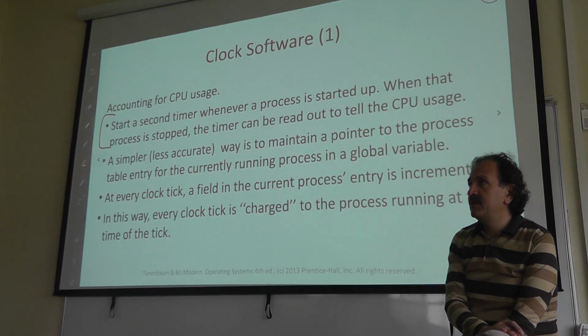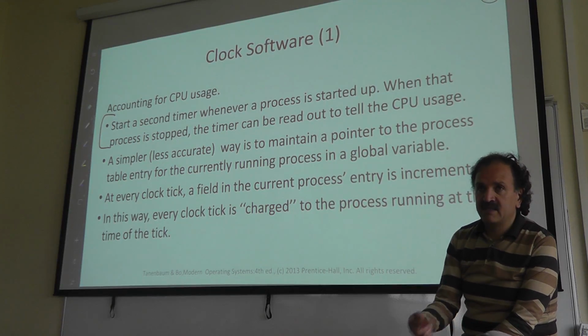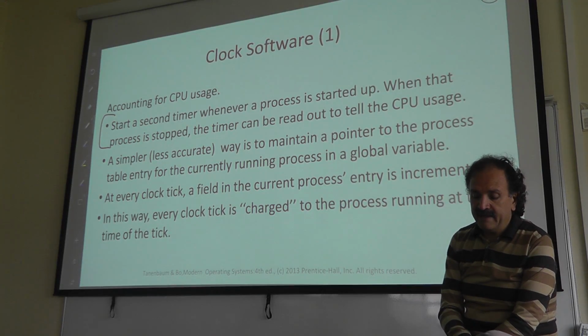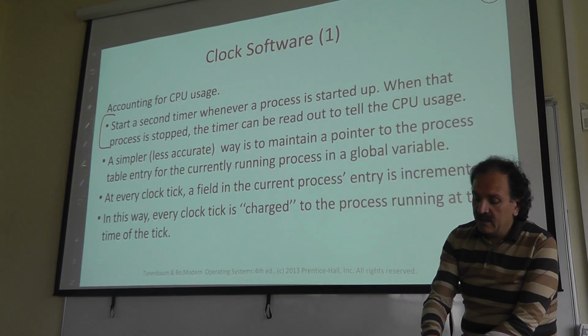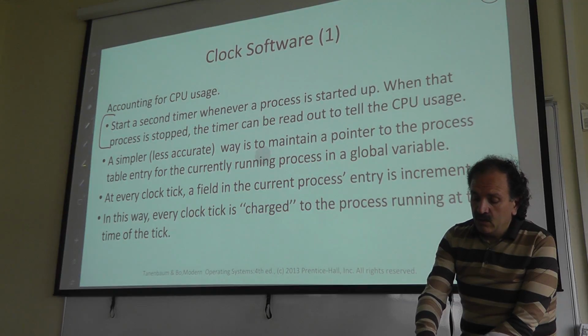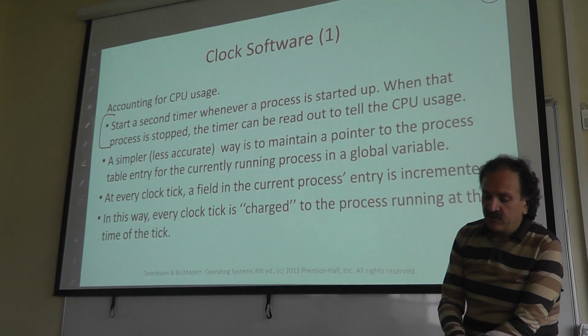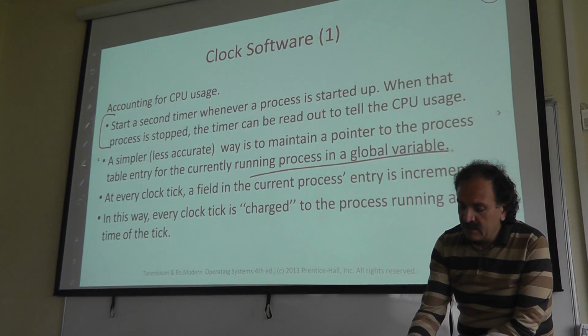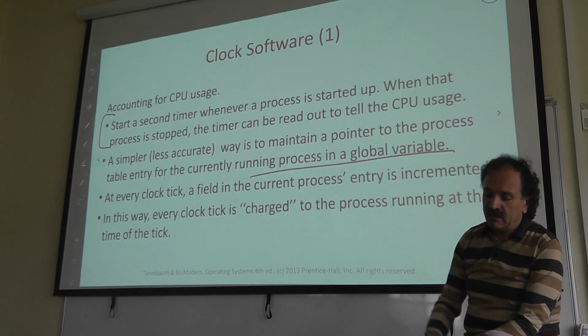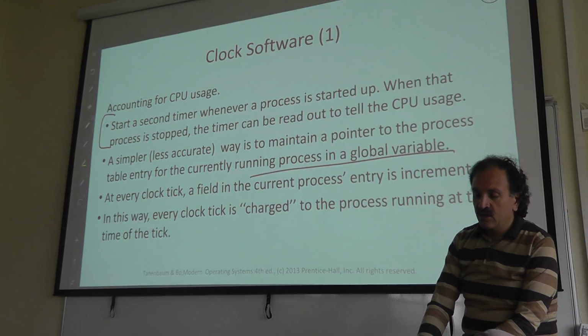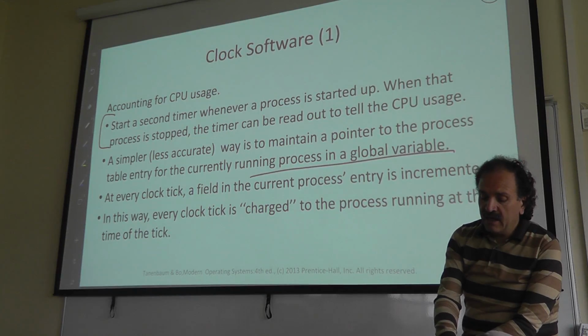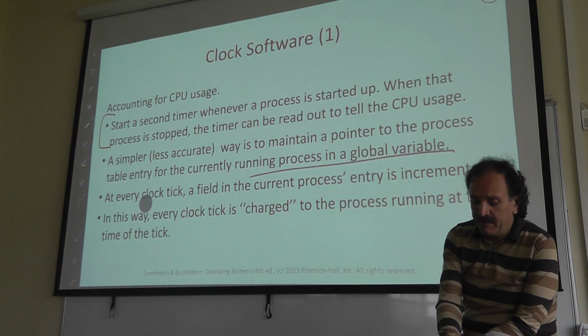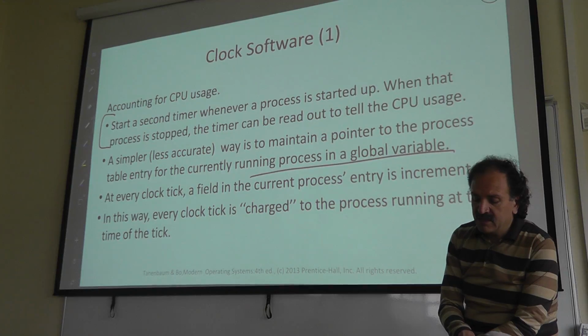A simpler way, less accurate but simpler, doesn't need any second timers. You maintain a pointer to the process table entry for the currently running process in a global variable. At every clock tick, because the clock tick is already happening, a field in the current process entry is incremented.